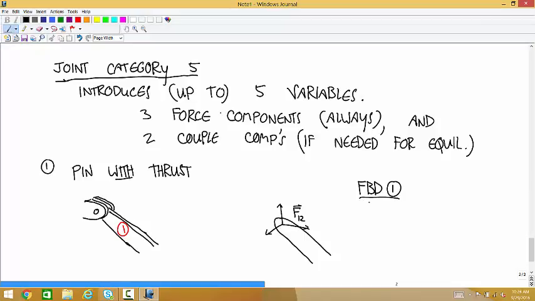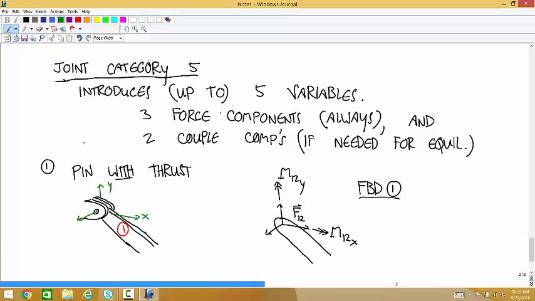And then if we need them, we also have a couple component 1, 2x, and a couple component 1, 2y. And this is with this coordinate system.